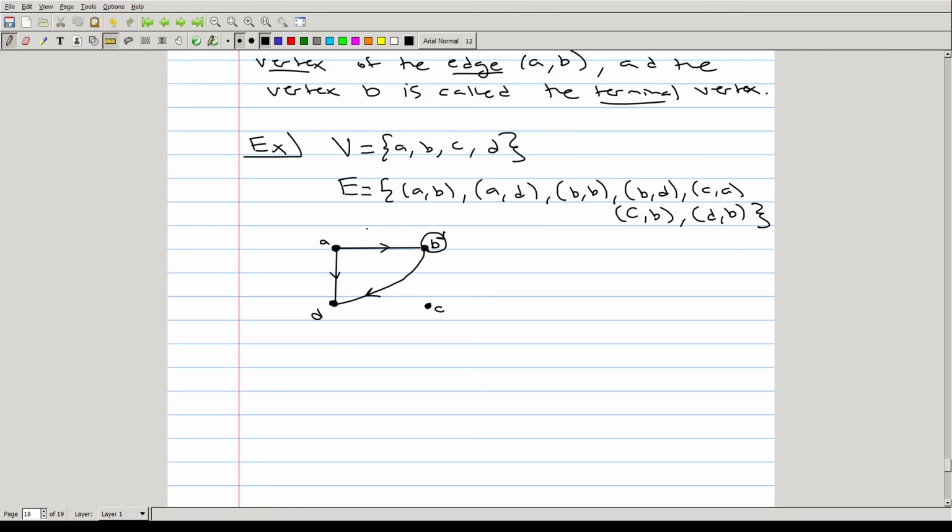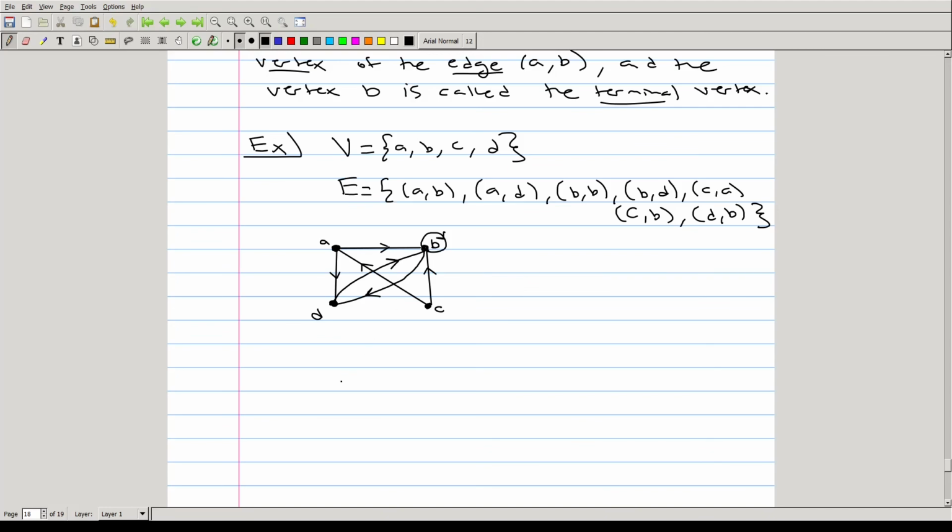We have an edge corresponding to CA. We have an edge corresponding to CB. And we have an edge lastly corresponding to DB.